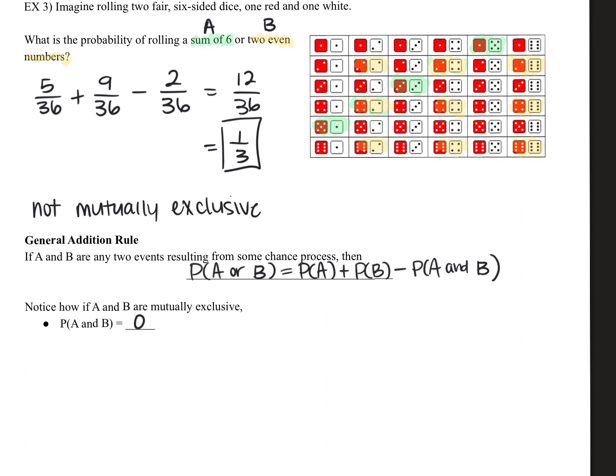So this is the general rule. We can always use it even if we run into mutually exclusive events, because that probability would just be 0.